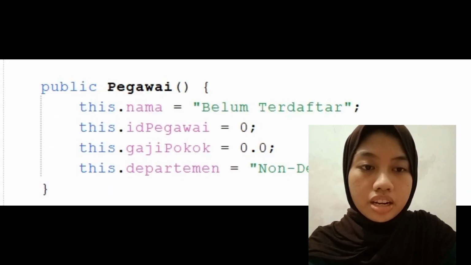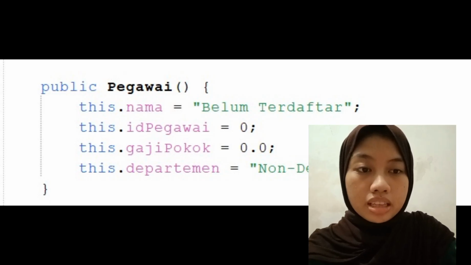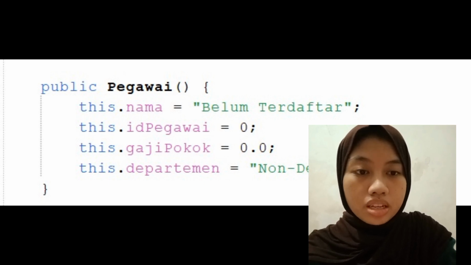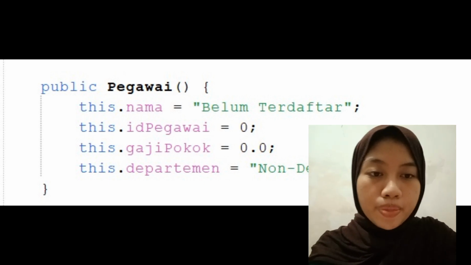First is String nama, second integer ID pegawai, double salary, and String department. The Employee class implements 3 types of constructors to facilitate the creation of objects with different initialization scenarios.